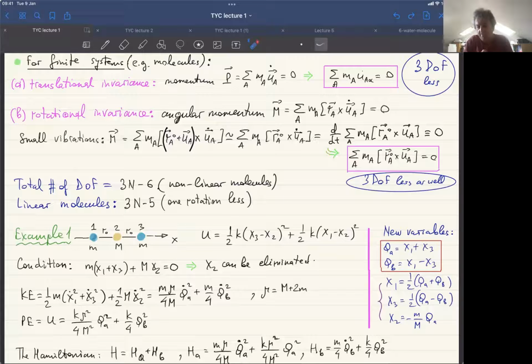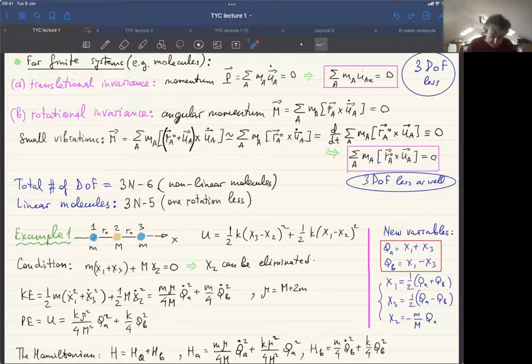So the actual number of degrees of freedom is 3n minus 6 for a 3-dimensional system. Of course, if the system is not 3-dimensional, like a water molecule is 2-dimensional, or a linear molecule is 1-dimensional, the number of degrees of freedom you have to eliminate is smaller.